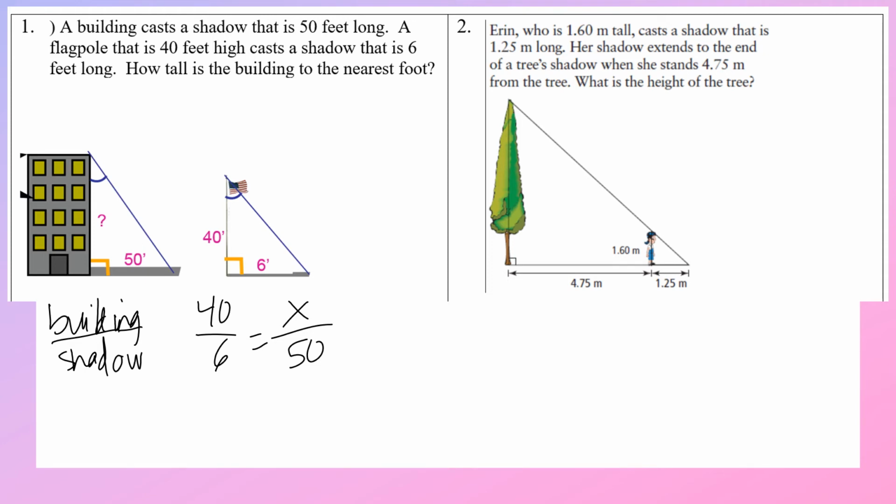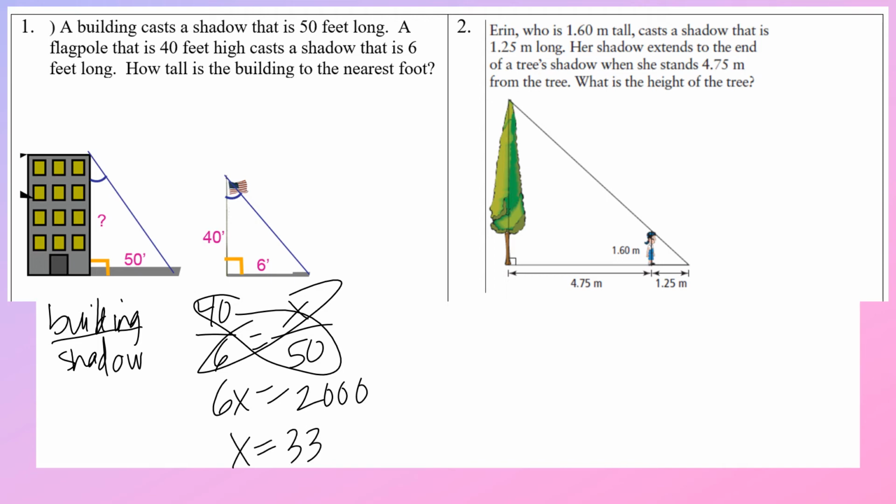So you're just going to go ahead and cross multiply. 6 times x is 6x, 40 times 50 is 2,000, and then you divide both sides by 6. So this is not a pretty number by any means, so I'm just going to round it to 2 decimal places and make sure that you have your units on there.